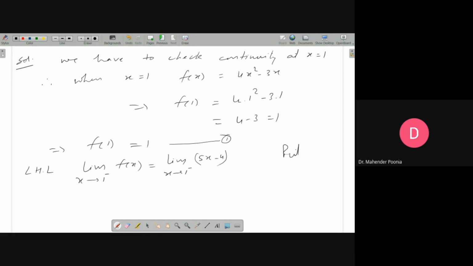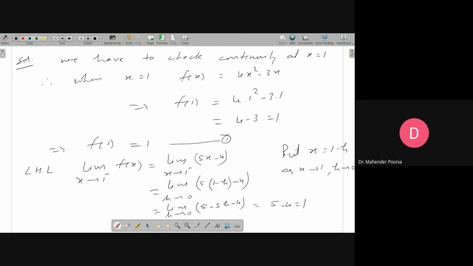Put x is equal to 1 minus h. As x tends to 1, h tends to 0. So the limit becomes limit h tends to 0 of 5 into (1 minus h) minus 4, which is equal to limit h tends to 0 of 5 minus 5h minus 4, which is equal to 5 minus 4 is equal to 1.